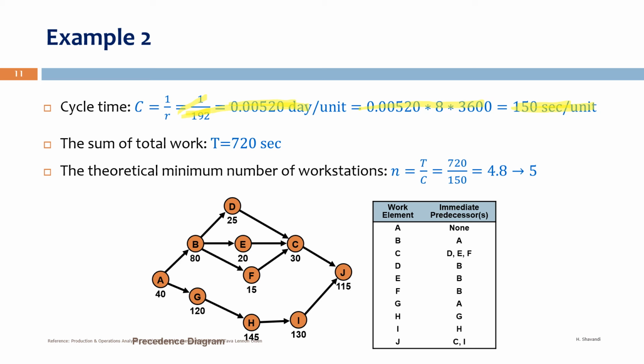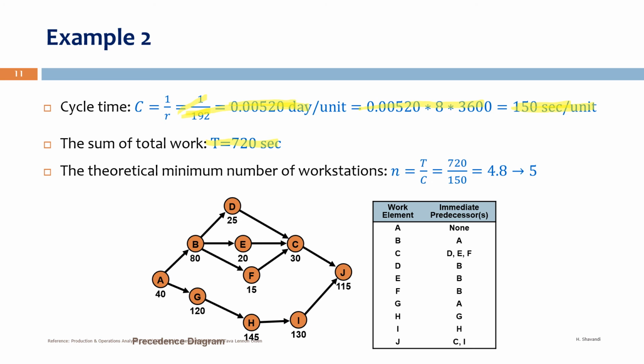This means that we need to produce 1 unit every 150 seconds in order to be able to meet the demand requirement. Okay, and the sum of total work for each unit of the end item is 720 seconds, right?